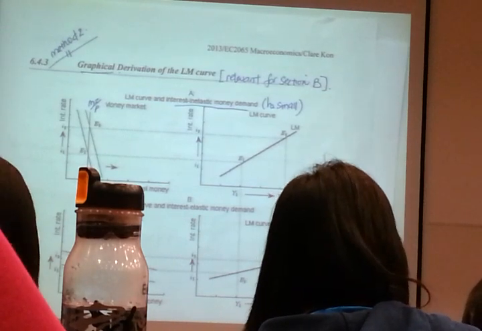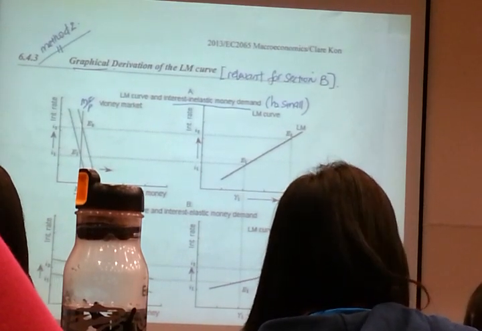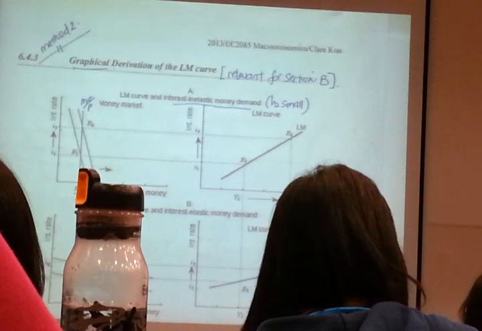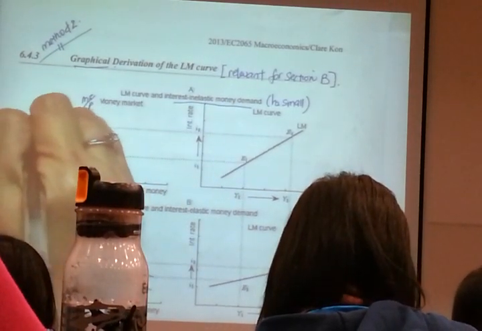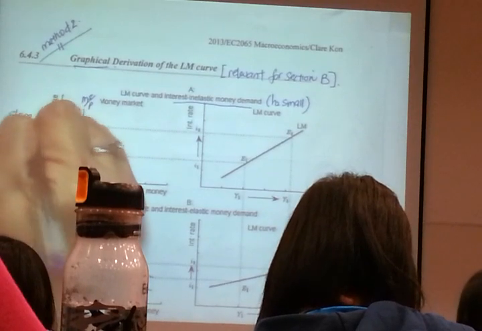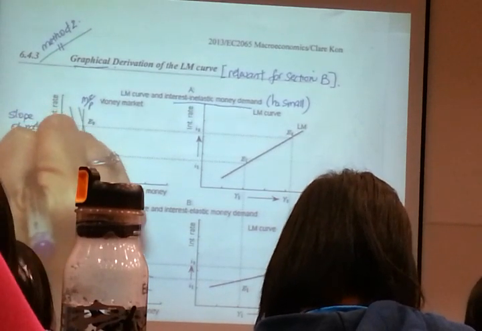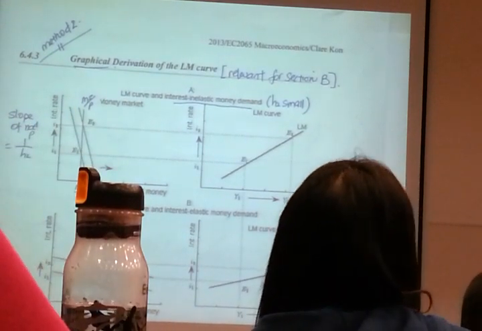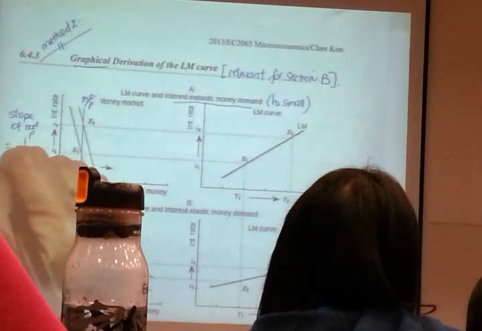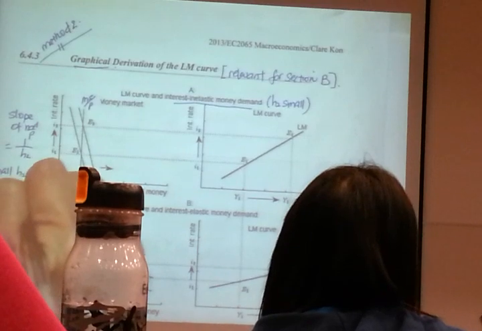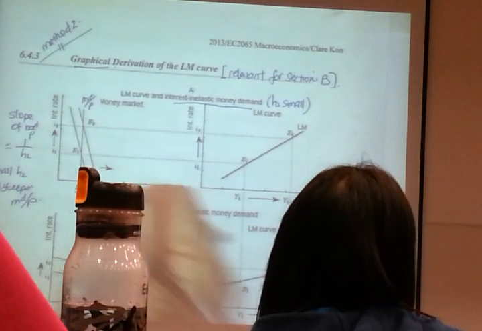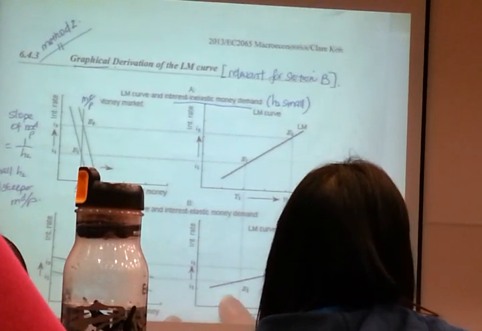People in the country generally are not sensitive to buying financial assets. You can recall the slope of money demand is 1 over H2, so if H2 is small, you will get a steeper money demand, which you see on the diagram on the left.